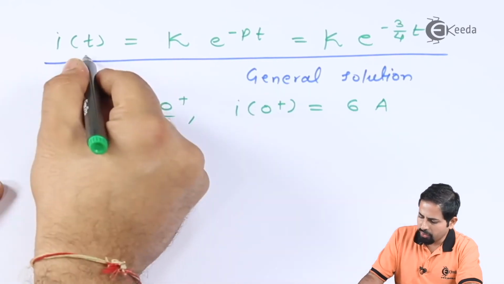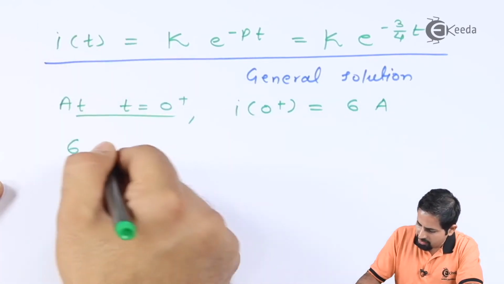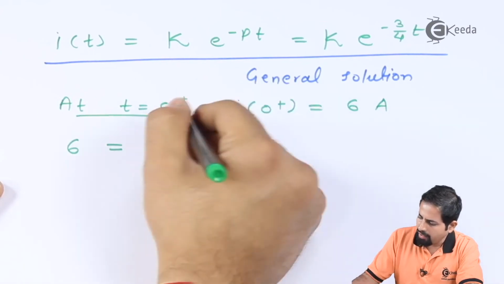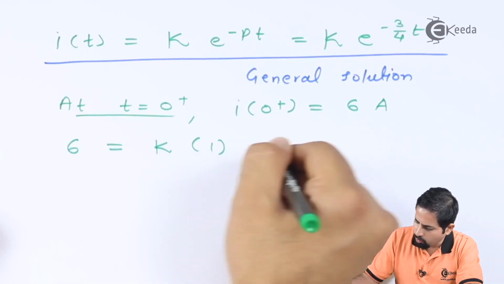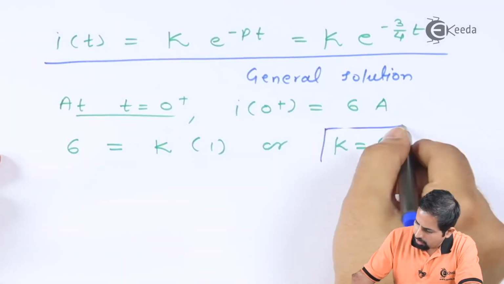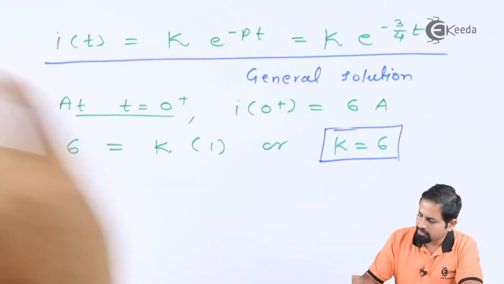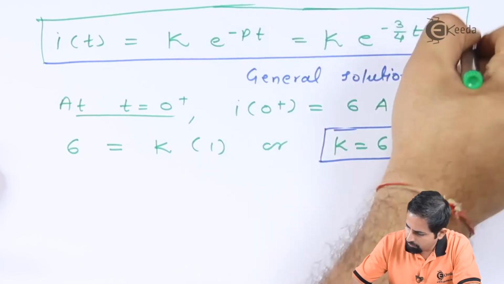So if we substitute here at time t equal to 0, we'll get left hand side equal to 6 equal to k, and time t 0 means e raised to 0, and e raised to 0 will be 1. So k into 1 or k equal to 6. That is our conclusion, which we will substitute in this equation.